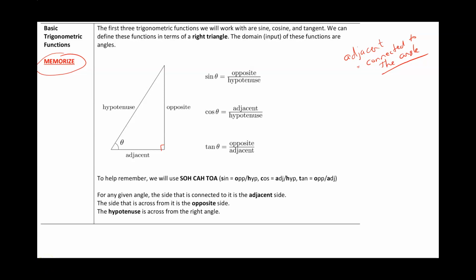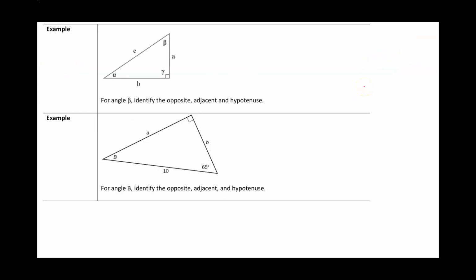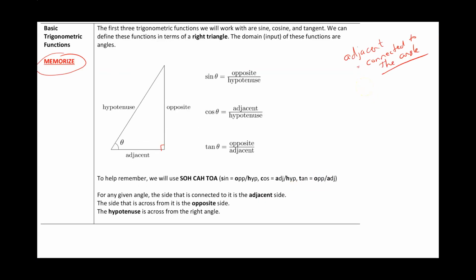Now, what is the opposite side? Well, the opposite side is the one that's across from the angle. Whatever angle we're looking at, the opposite side is across from the angle. Across from the angle is opposite, connected to the angle is adjacent.